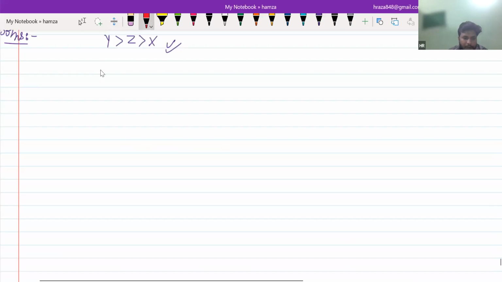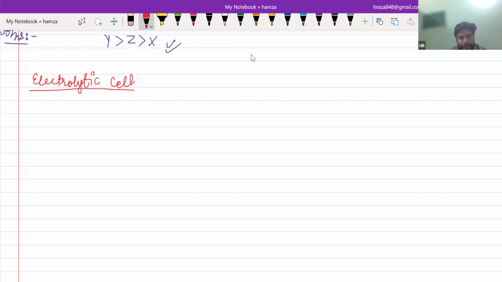Now, we are going to see the electrolytic cell. In a container, we have a cathode and an anode.